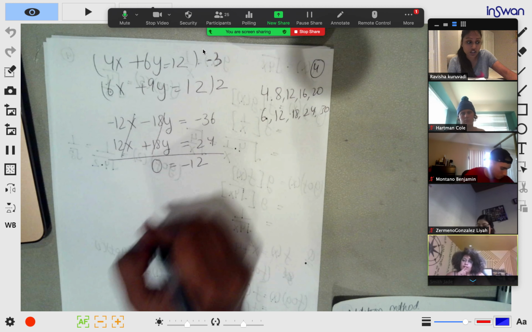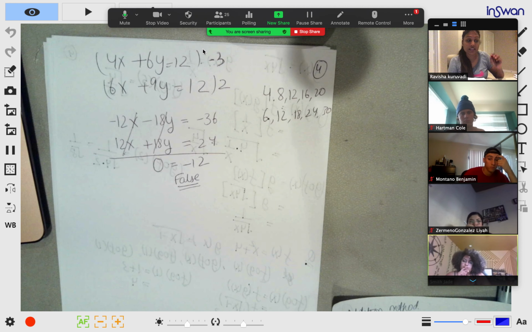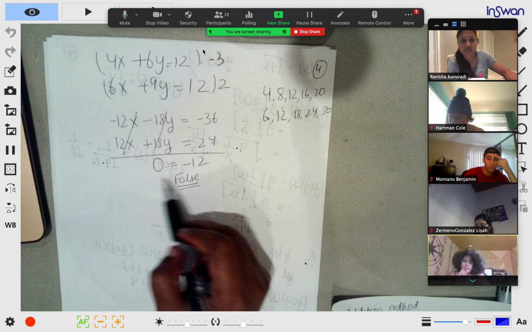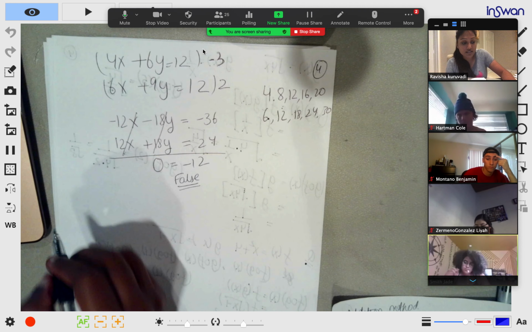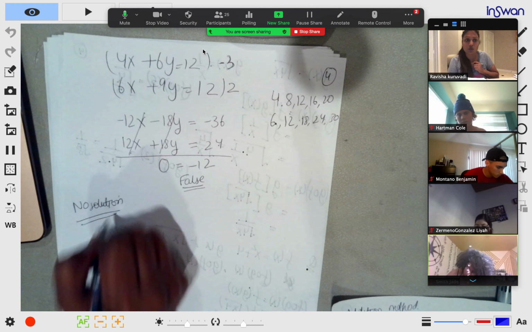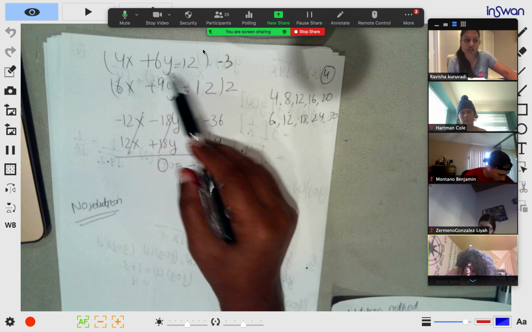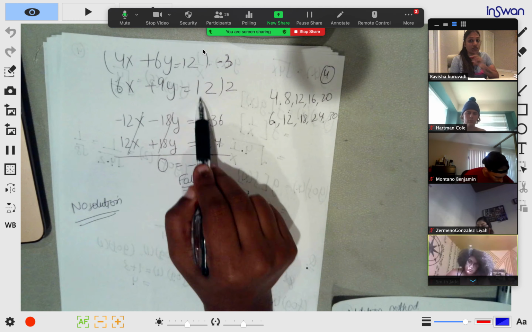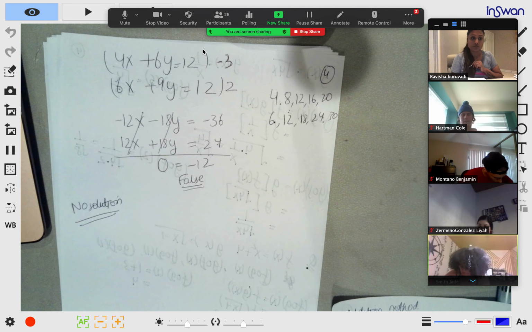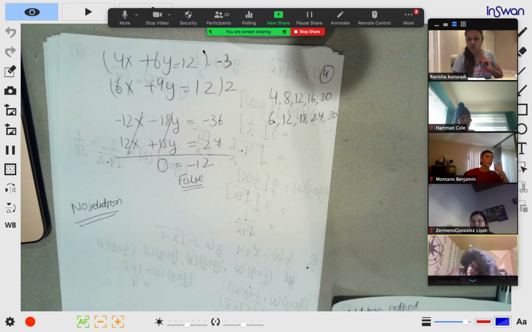In this case, the answer is no solution. There is no value of x and y you can find which you put here, you will get equal to 12, and the same x and y value you put here and you will get equal to 12. So basically, when you get a false statement, that means it's directly no solution.